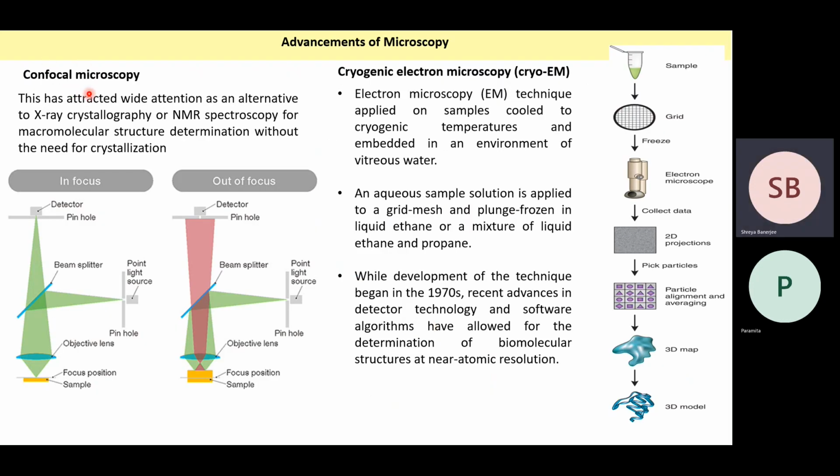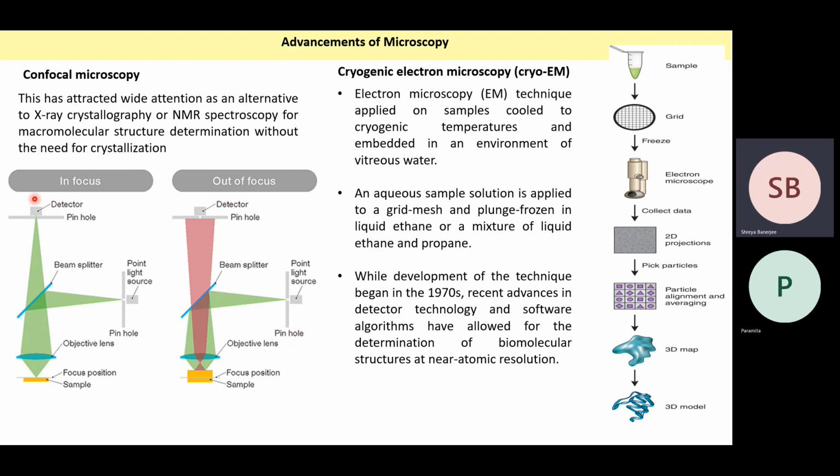Beyond the compound microscope, there were several advancements of microscopy. One of these is the confocal microscope. This has attracted wide attention as an alternative to X-ray crystallography or NMR spectroscopy for macromolecular structure determination without the need for crystallization.